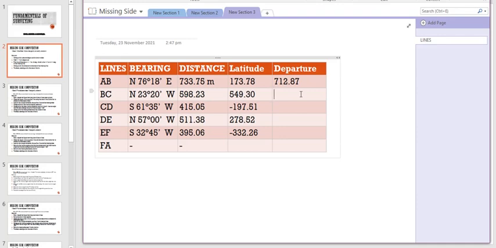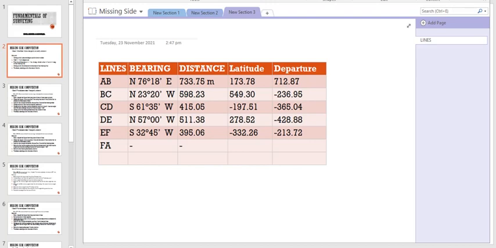Next, BC: 598.23 times sine of 23 degrees 20 minutes. So west, negative 236.95.